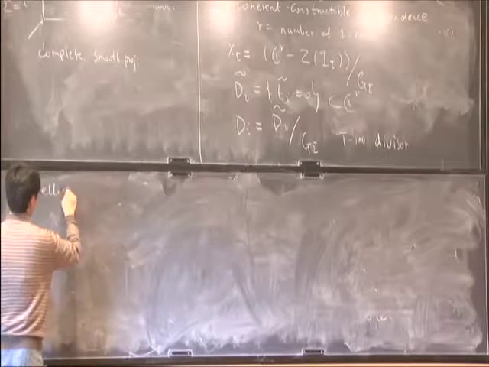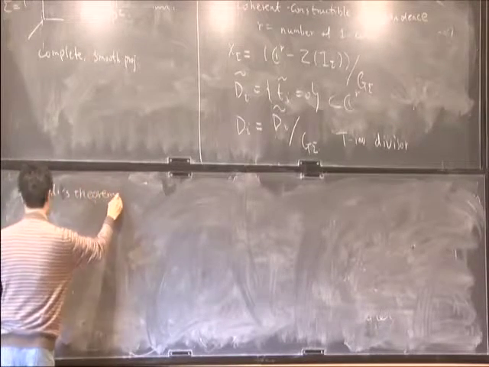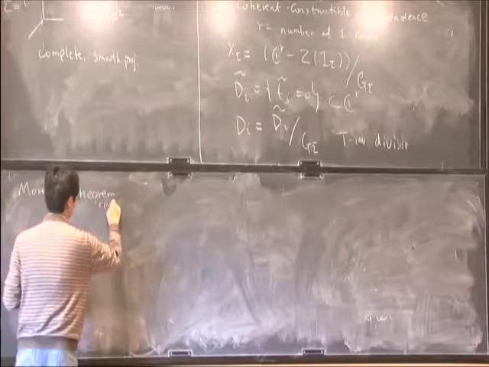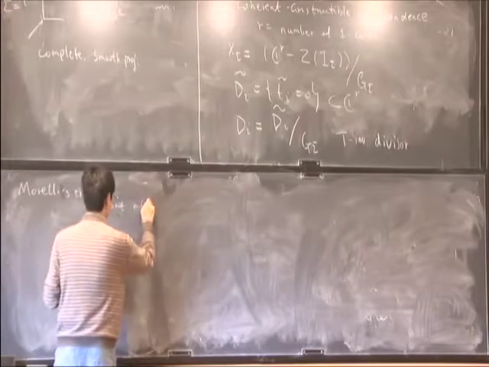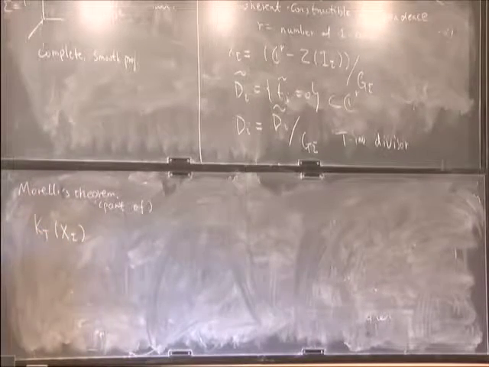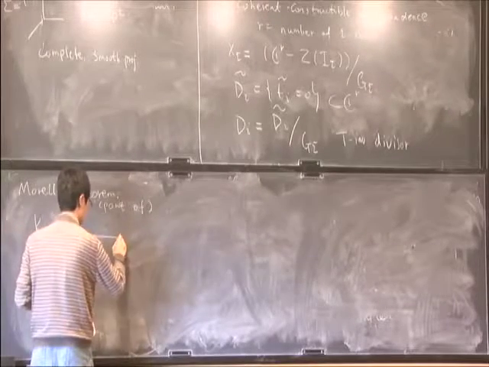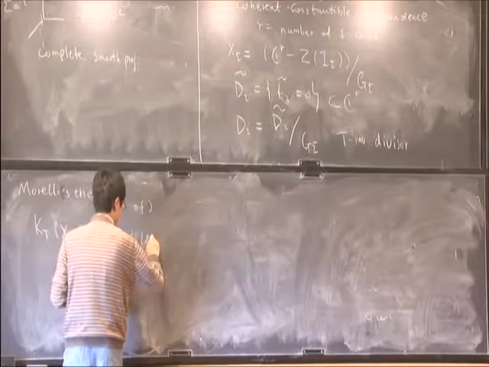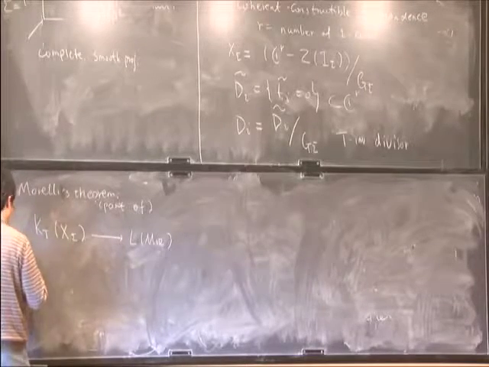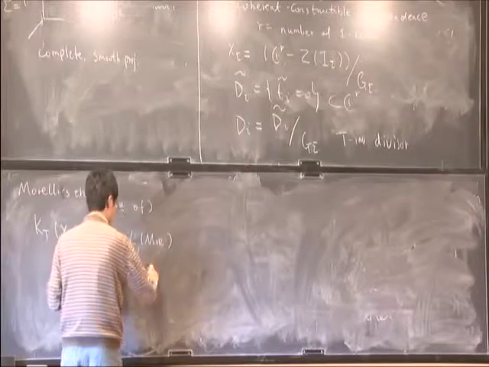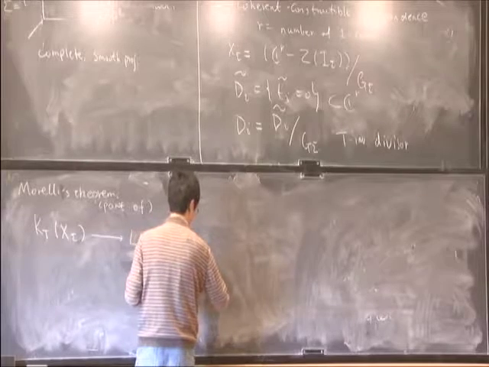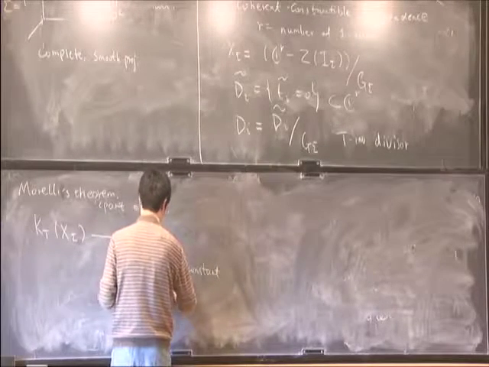There's a theorem of Morelli saying that, well, I'm just stating a weak version of it, the T-equivariant K group of this X_sigma embeds, there's an injective map of this group into the piecewise constant functions on M_R.